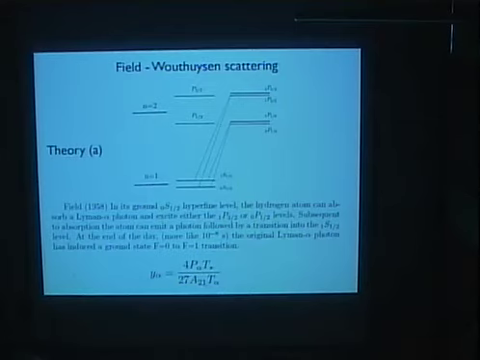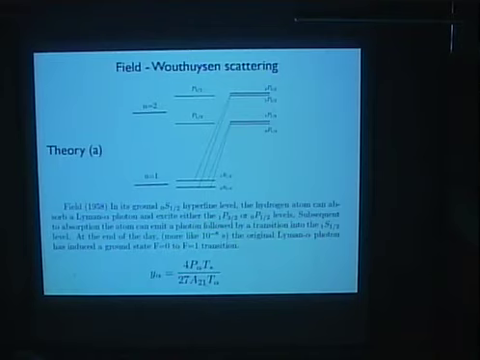And the parameter that determines the efficiency of this effect is given by this y alpha, which involves various parameters. This is related to the probability for making a Lyman alpha transition, pi alpha. This is the energy defect of the ground state hyperfine level. This is the 2-1 transition, 2 and 1 being over here, the dipole transition, and this is the temperature, the color temperature of the Lyman alpha line.